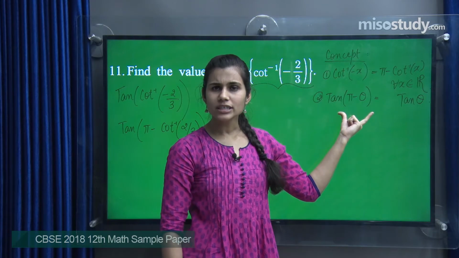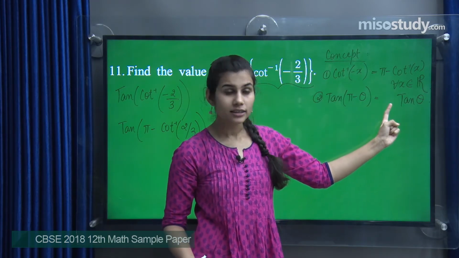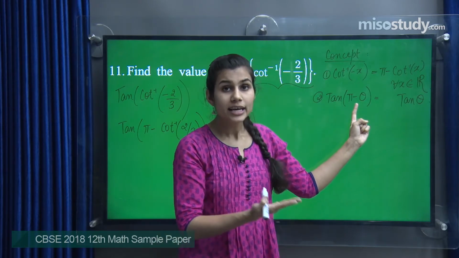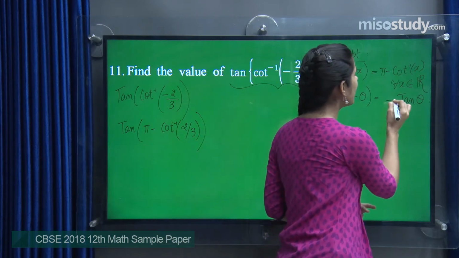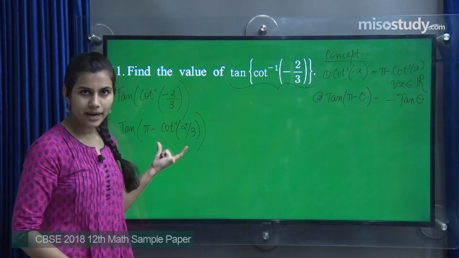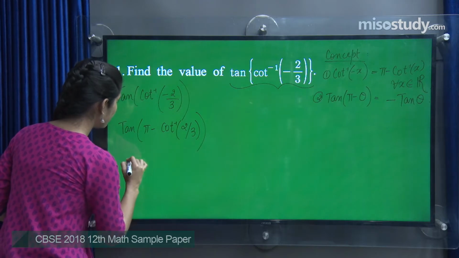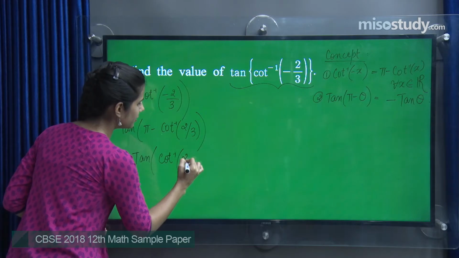But the question is, what happens to the sign? Is here a positive sign or a negative sign? Well, pi minus theta lies in the second quadrant, in which only sine and cosec are positive, tan is negative, and so this becomes minus tan theta. That is why tan of pi minus this particular angle is minus tan of this particular angle.